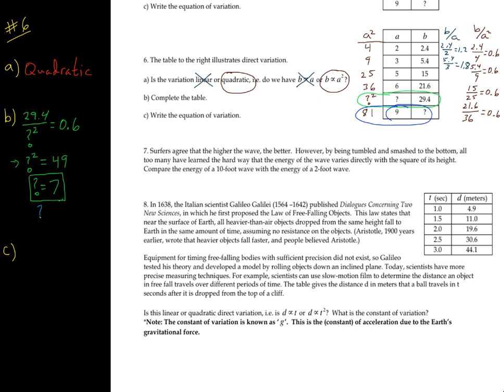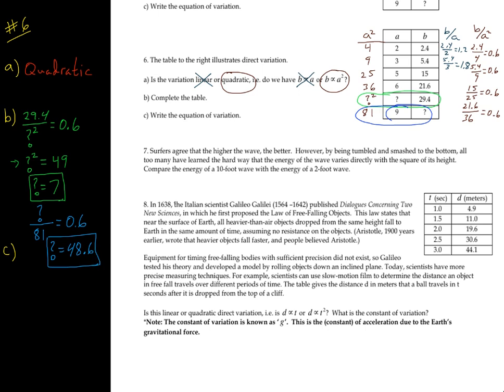The unknown b value divided by the square of a, so that'd be divided by 81. That has to come out to be 0.6. So now all I have to do is multiply that 81 over, and here the unknown would be 48.6. Alright, great. So that would complete the table.